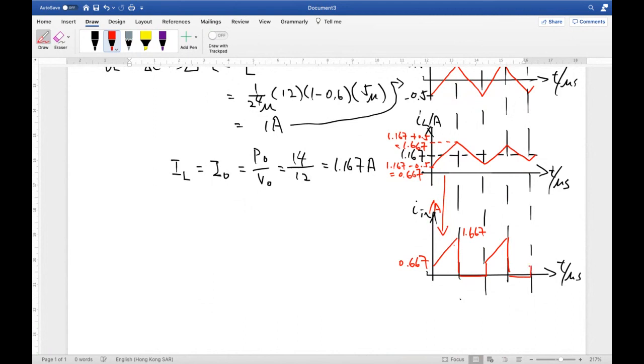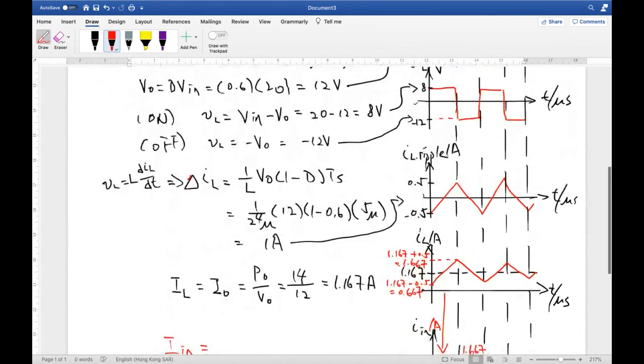But still one more thing to do. This is the average input current. Okay, so for the average input current, we can derive the equation according to this one. We can write it down like this.